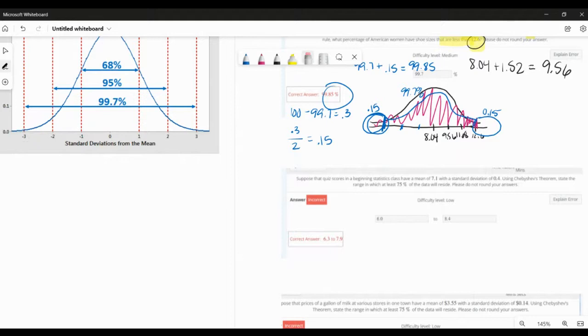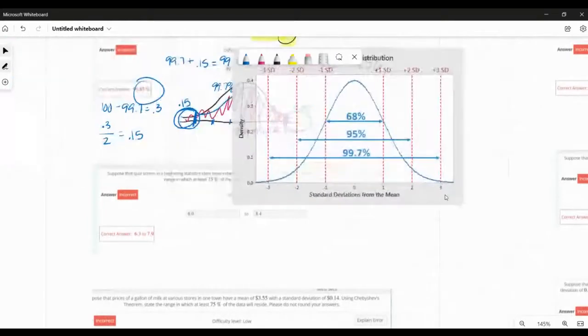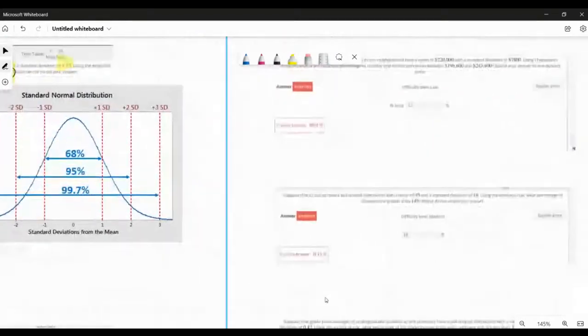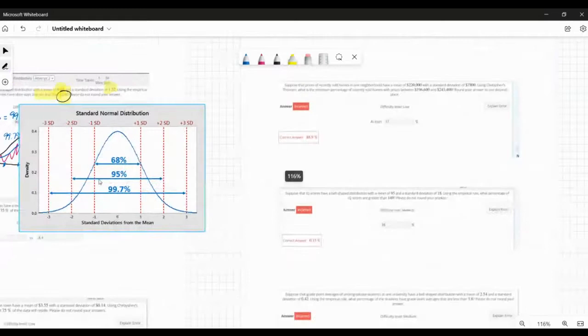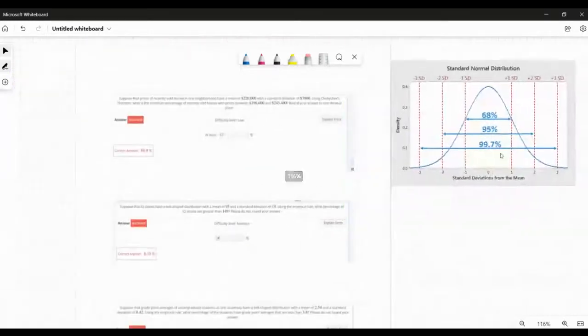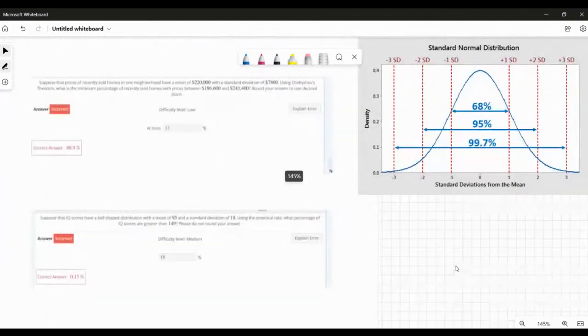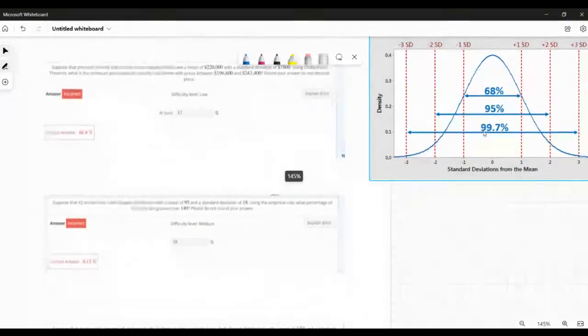I'm going to do all the empirical rule questions first, and then we'll do the Chebyshev questions next. So let me move this over to these questions. All right. Nope, that's another Chebyshev.